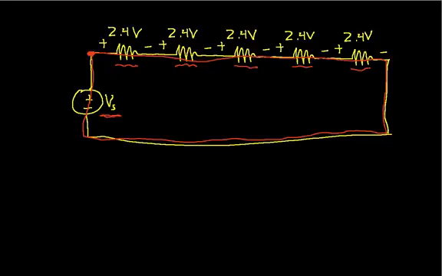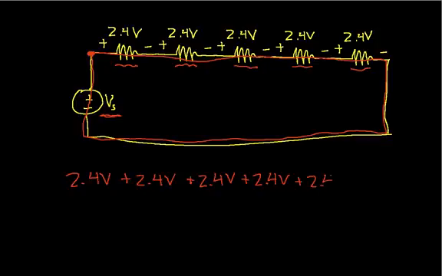As I went that direction, I encountered the first light bulb, which had a voltage of 2.4, going from high potential to low potential, so this is a positive 2.4, plus another 2.4, plus a third 2.4, plus a fourth 2.4, plus a fifth 2.4, and then I have a minus V sub s. That's negative because I'm going from a lower potential to a higher potential in the source, and this is all equal to 0.